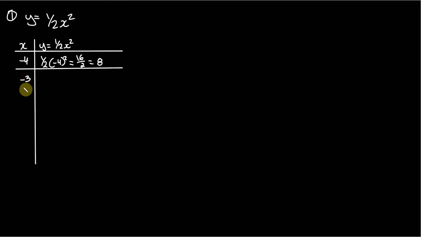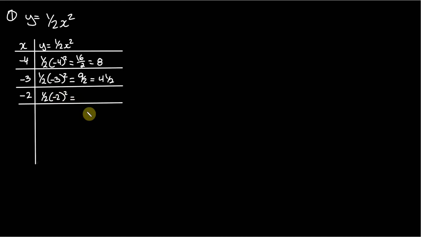Now we have x equals -3. This will be 1/2 times -3 squared. -3 squared is 9, times 1/2 is 9 over 2, which is 4 and 1/2. Now we have x equals -2, which will be 1/2 times -2 squared. -2 squared is 4. 4 times 1/2 is 4 over 2, which will just leave us with 2, so y equals 2.